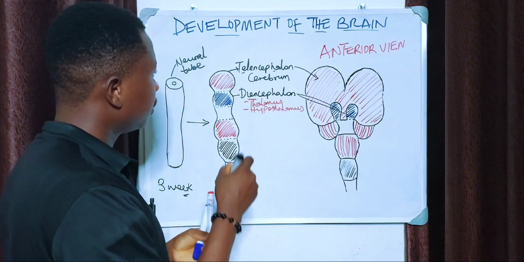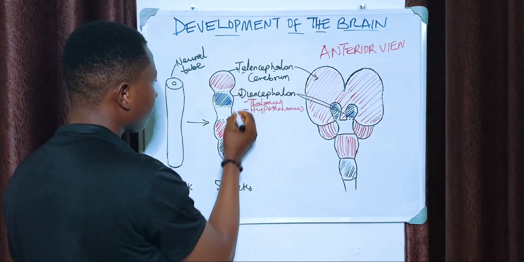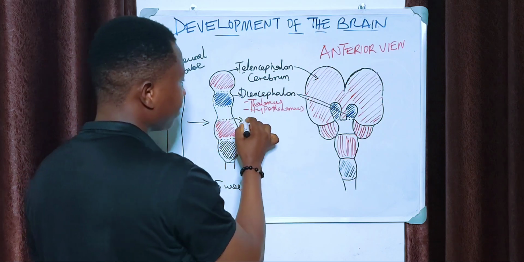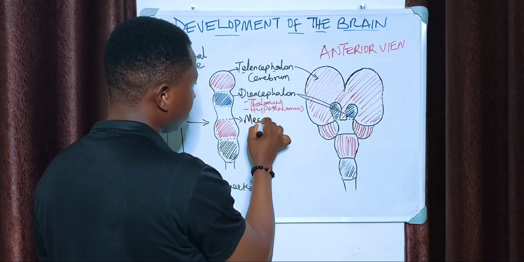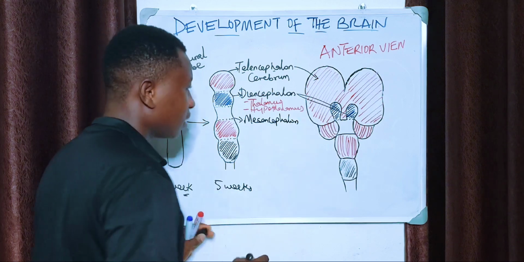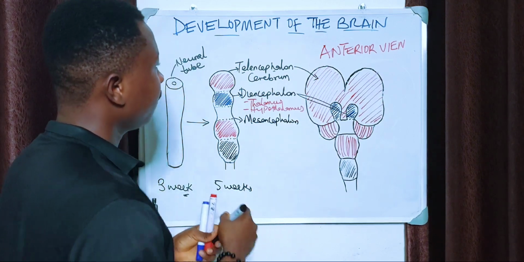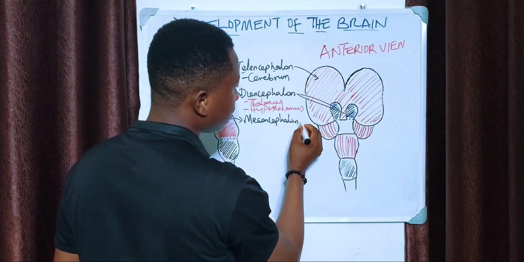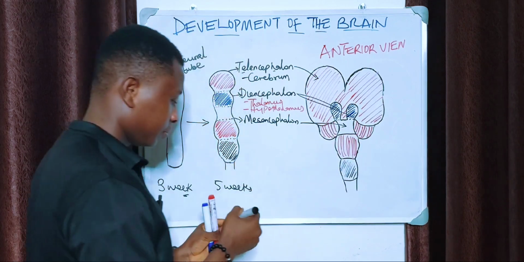Okay, now the next part I'm going to be looking at is this part. Now, this part differentiates to form this part. Firstly, it is called the mesencephalon. Now, the mesencephalon differentiates to form this part of the brain.